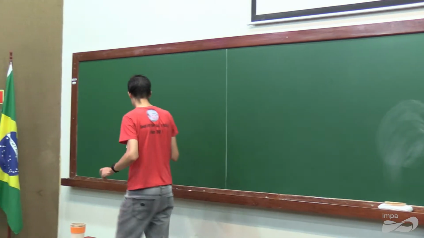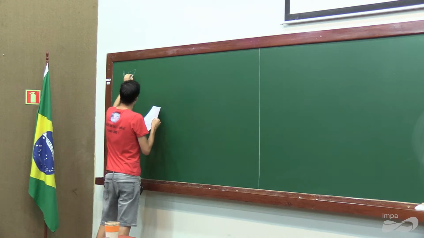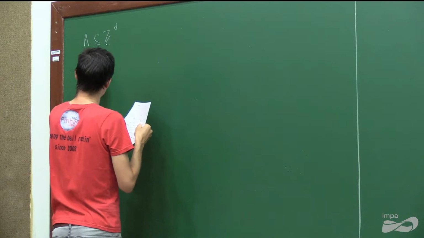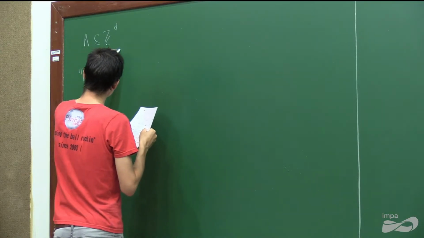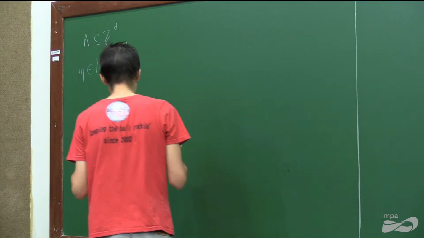Let me recall the setup. We have a box in Z^d. We have some eta, which is a boundary condition, just a spin configuration in Z^d.